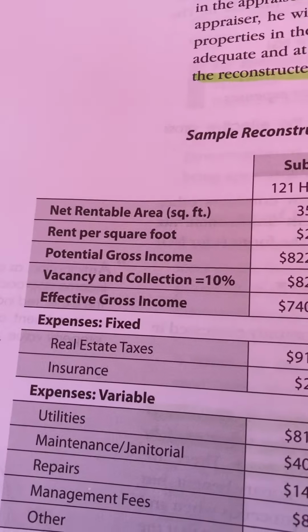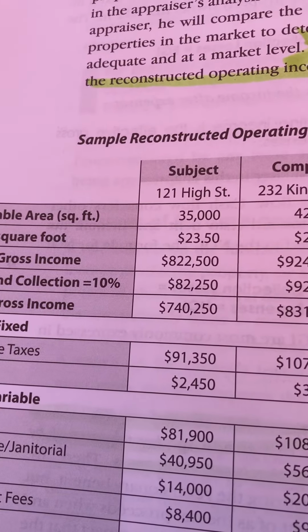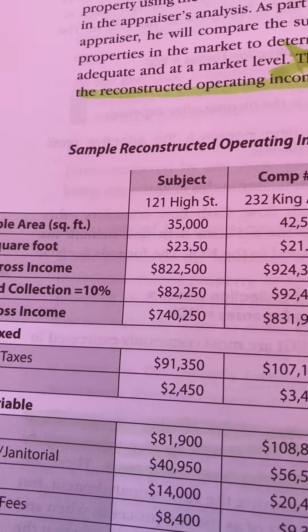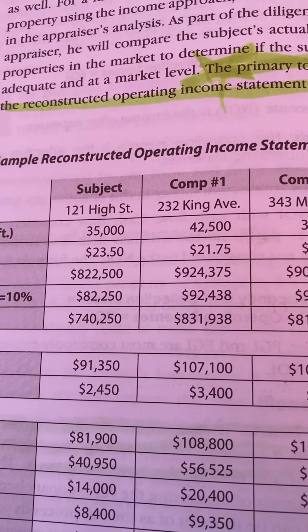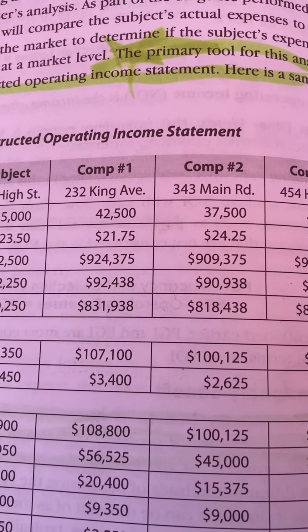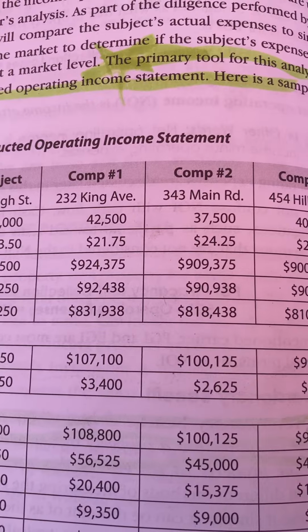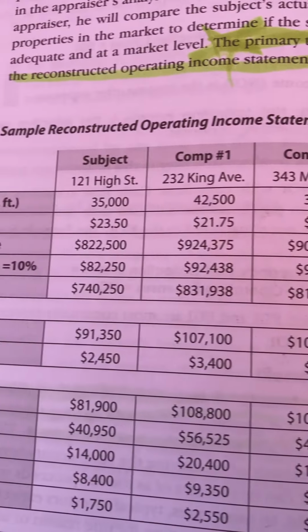The next line is going to be potential gross income. Your subject is $822,500. Comp 1 is $924,375. Comp 2 is $909,375, and Comp 3 is $900,000.